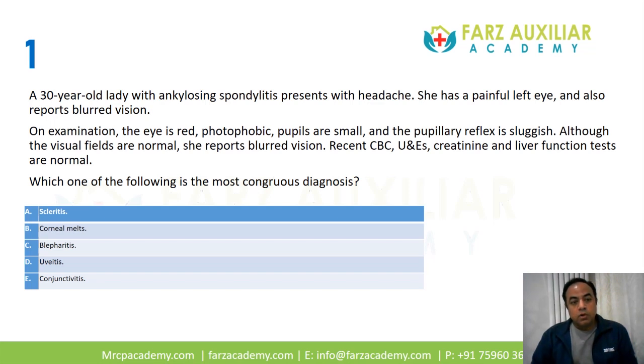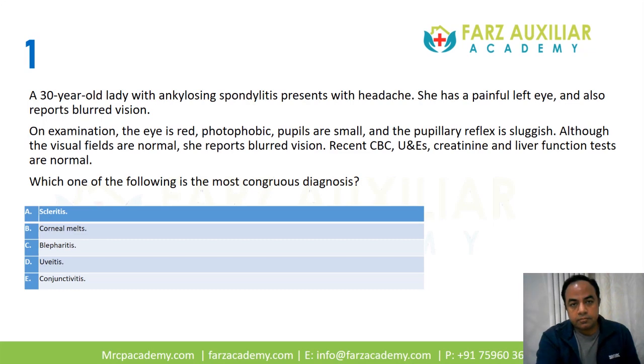Although the visual fields are normal, she still reports blurred vision. Recent full blood count, U&Es, creatinine, liver function tests are all normal. So the question is, which one of the following is the most likely diagnosis? A, scleritis, B, corneal melt, C, blepharitis, D, uveitis, E, conjunctivitis.